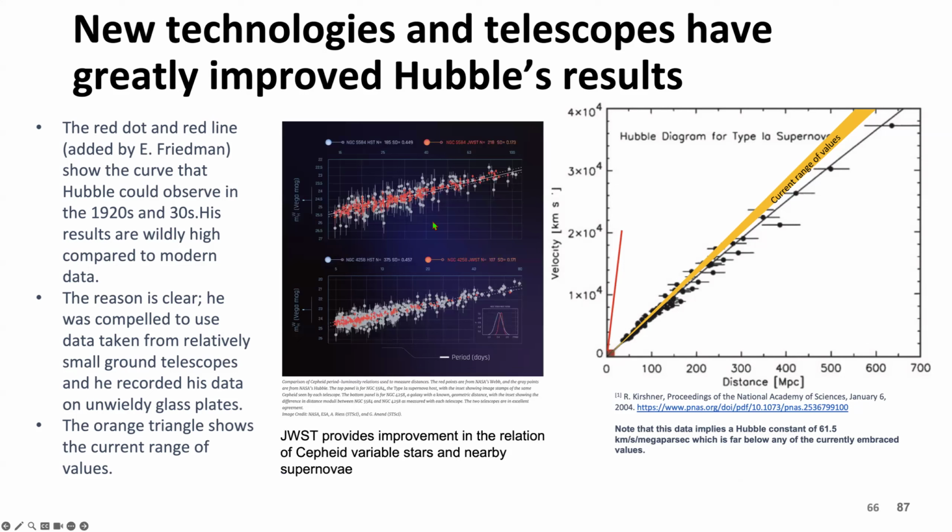Now, here's the good news. Here's data from comparing the James Webb Space Telescope in red dots and the same data taken by the Hubble in gray dots. And you see the red dot, the cloud of data, is a little tighter. It's more compact. The spread is smaller.